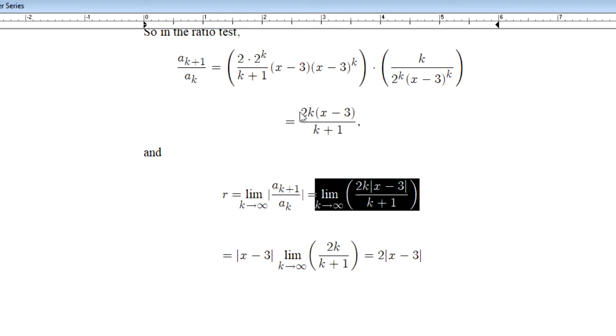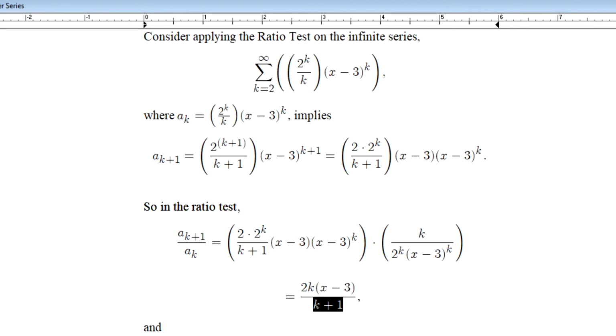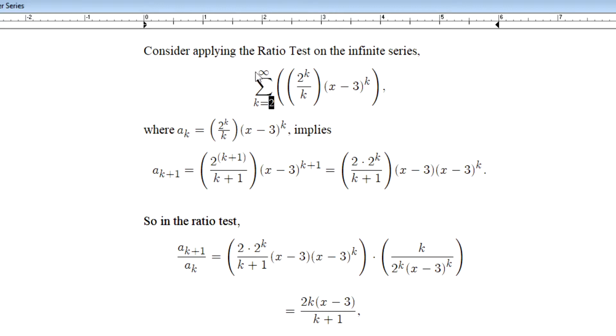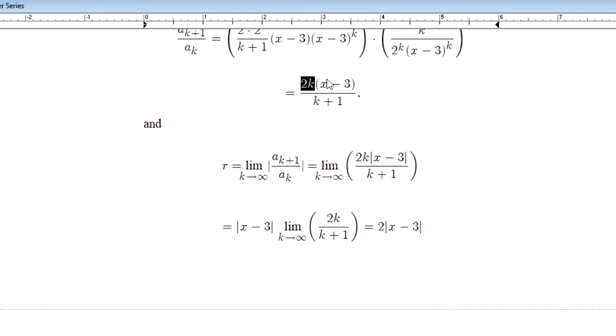You will notice that absolute value will distribute itself across the factors in the numerator and the factors in the denominator. And note, k is going to be an index in this example that starts at 2 and goes off to infinity. So 2 to the k will always be positive, and so will the quantity k plus 1.